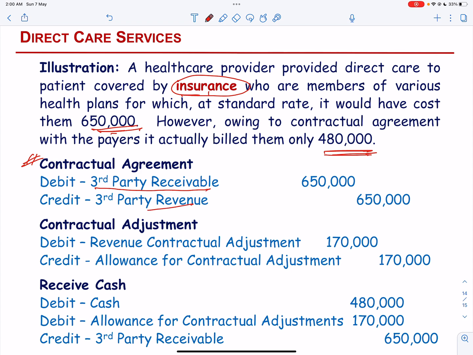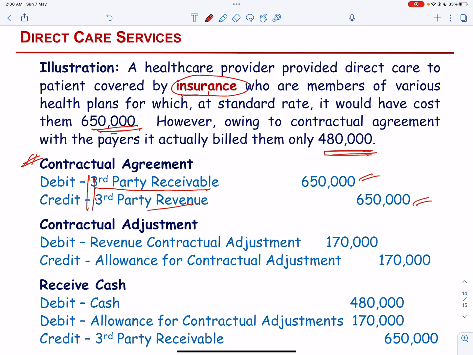So third party receivable is debit by 650 and third party revenue is credit by 650. The third party revenue, not a patient revenue over here. We are not expecting it from the patient. We are expecting it from the third party.